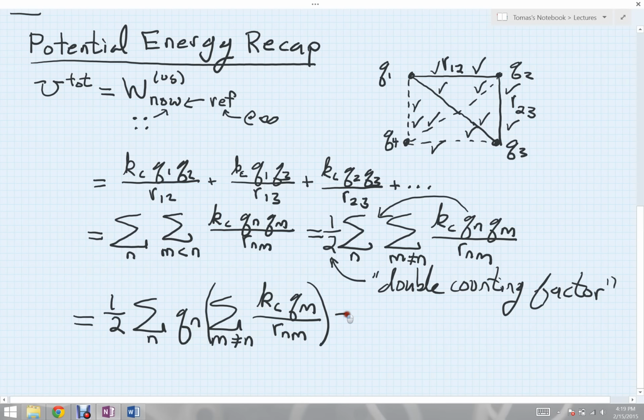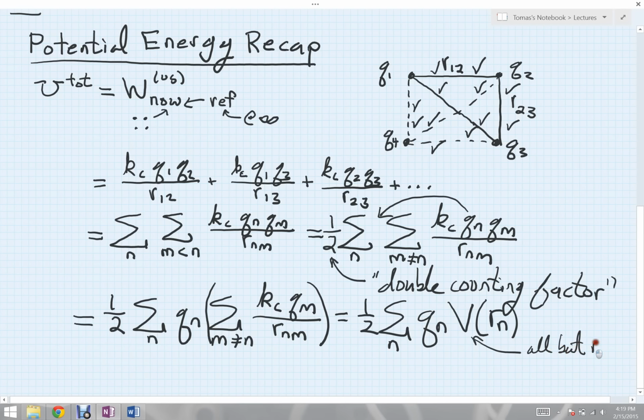So I can rewrite this as 1/2 a sum over all charges n, the value of the charge, times the potential coming from all of those other charges at location r sub n. So this is the total potential for all charges but charge n.